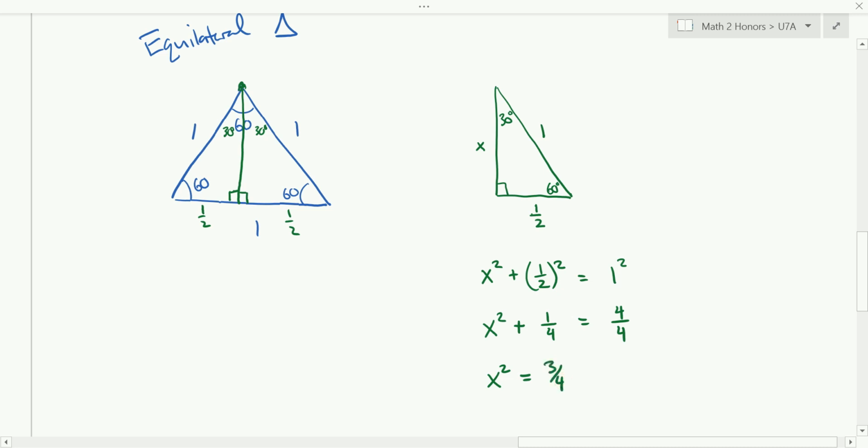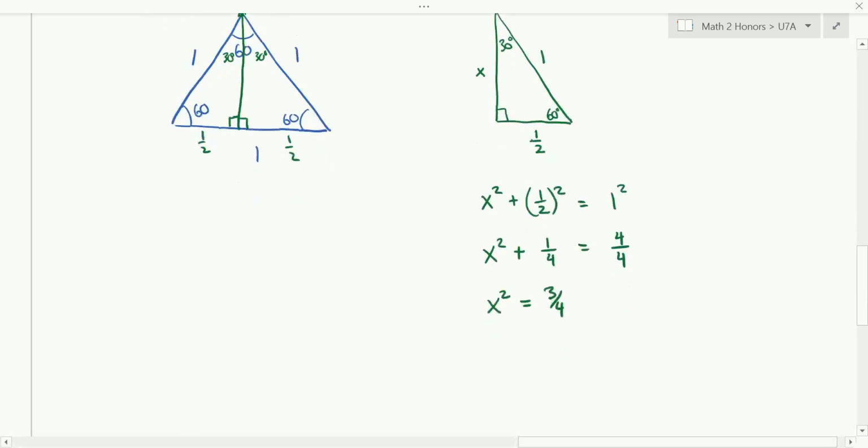Is x going to be positive, or could it be negative? In this case, no, because x is side length, right? In this equation, x could be negative, right? Because you square a negative, you get a positive, or you square a positive, you get a positive. Because of the context, we're working with a positive value for x.